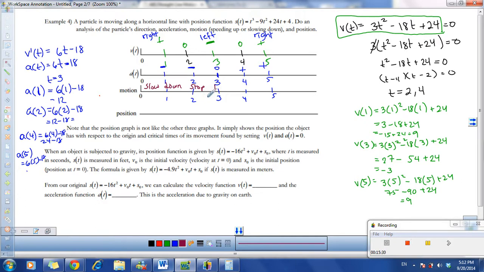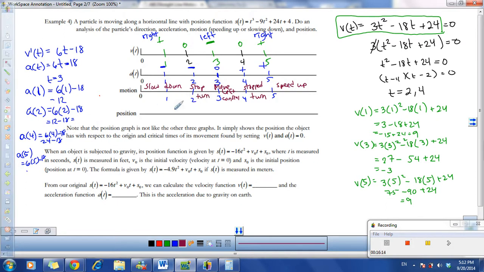Right here the velocity is 0 but my acceleration is positive, so I stop and then start speeding up. I stopped here again, and now I'm speeding up in the right direction. So I turn around here, and I turn around here too.